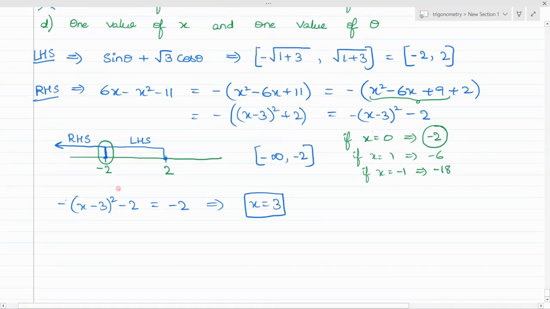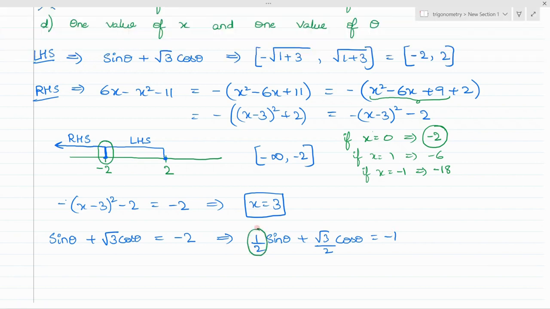Now equate LHS with minus 2 so that you'll get the solutions for theta. So sine theta plus root 3 cos theta is equal to minus 2. Divide it, you'll get 1 by 2 sine theta plus root 3 by 2 cos theta equal to minus 1. So write in terms of sine and cos.